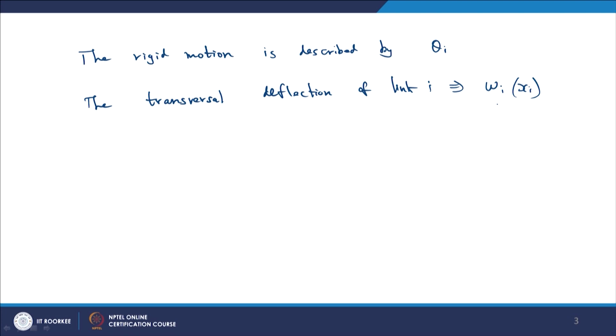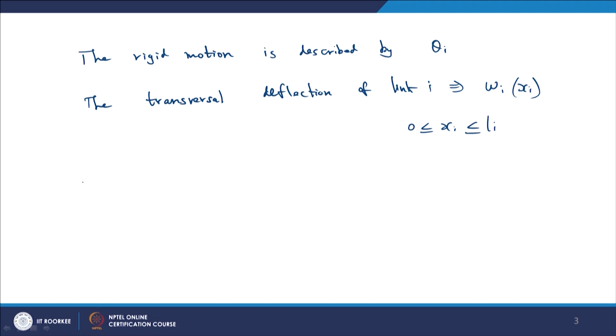So, we have two links, which is going to be W1 of x1 and W2 of x2. x1, x2 will be varying in such a way that each xi will vary from 0 to the link length Li.